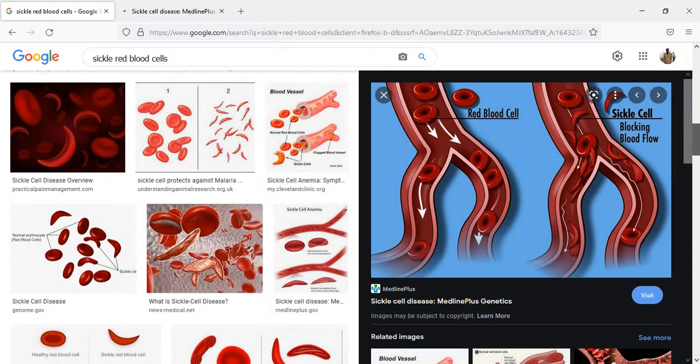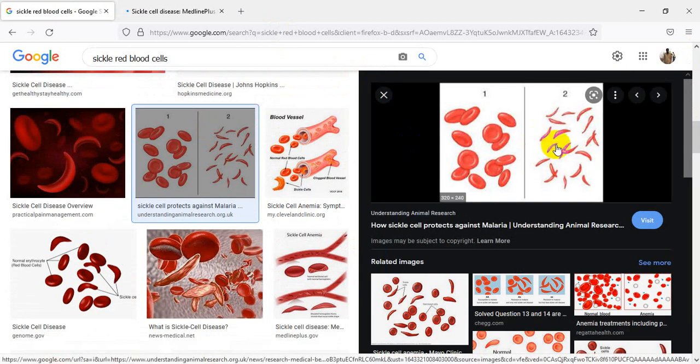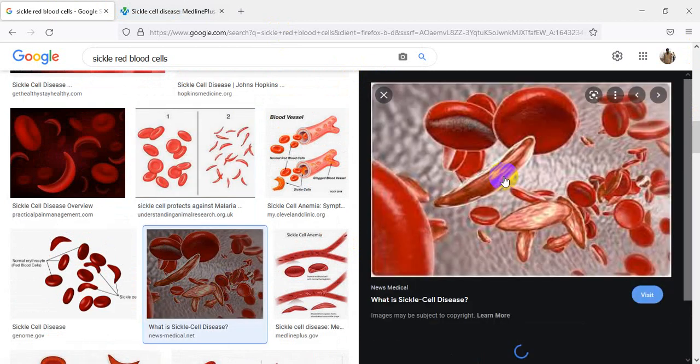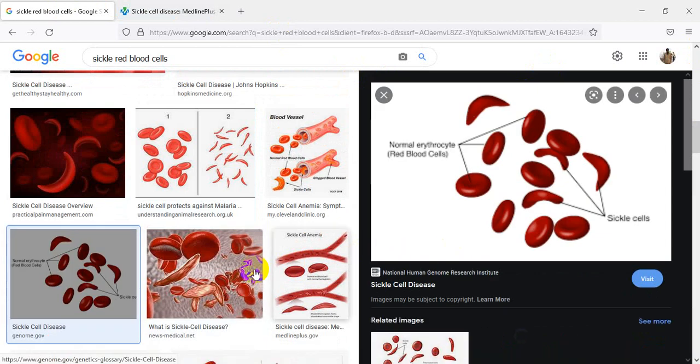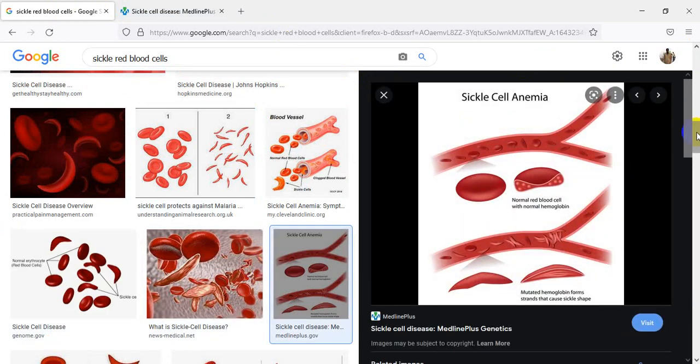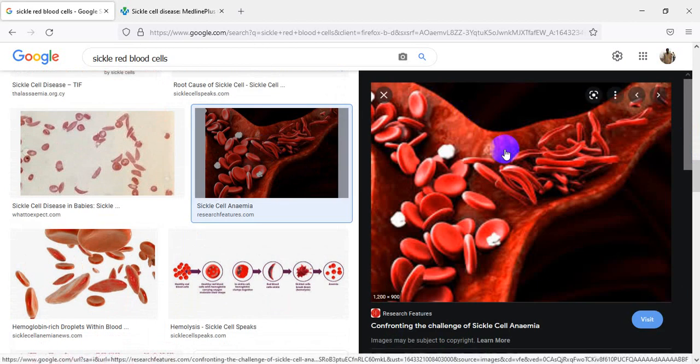More diagrams of sickle cells. This is a sickle cell, and this is a normal red blood cell. You can see it blocking blood vessels.